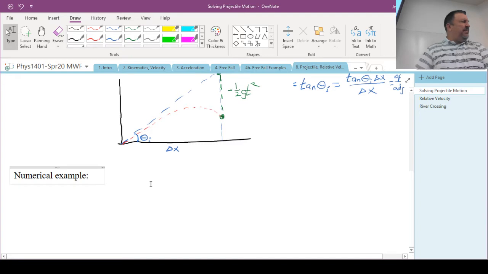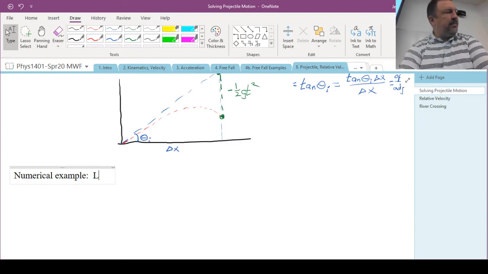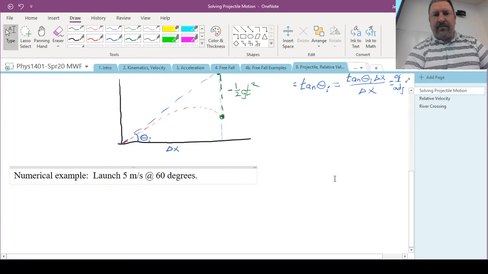So let's say that you are launching 5 meters per second at 60 degrees from a 3.0 meter shelf or table or roof or something like that.